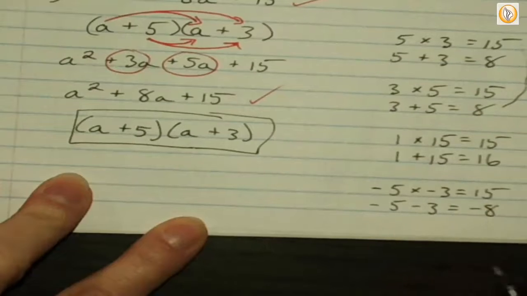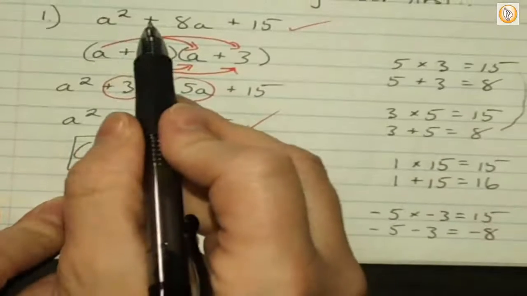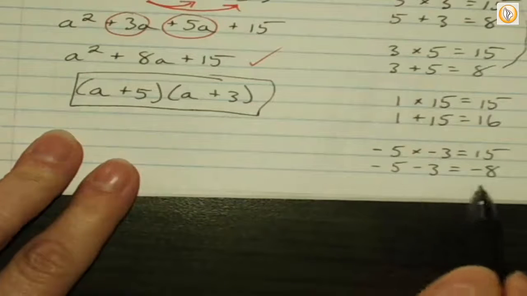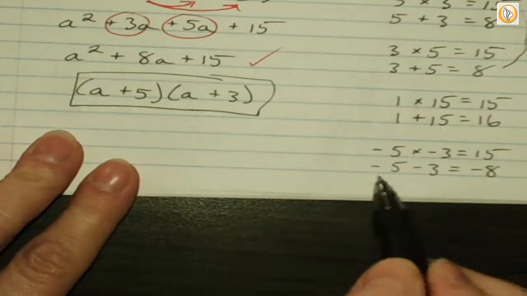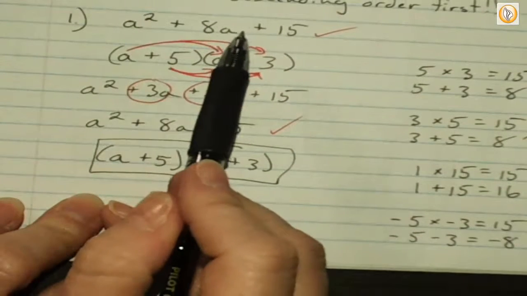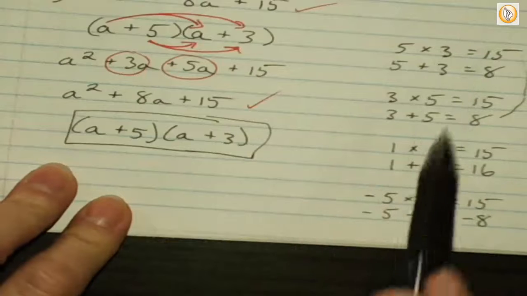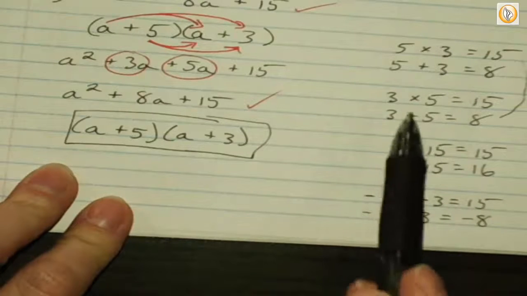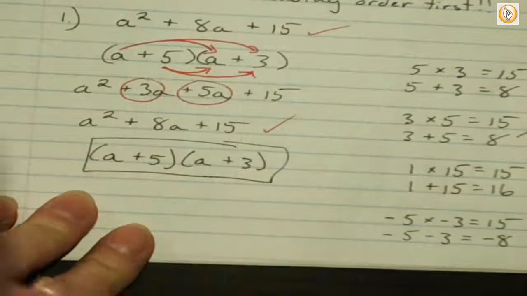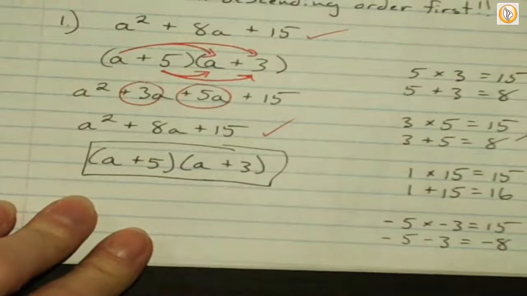Negative 8. Oh, my bad. So if this was negative 8, that's what you would have had to do. Do you see that? You're going to have negatives here, maybe a negative there, and you're going to have to play around with this stuff and write it all down different ways to see how to get each one. So this was the easier of them.